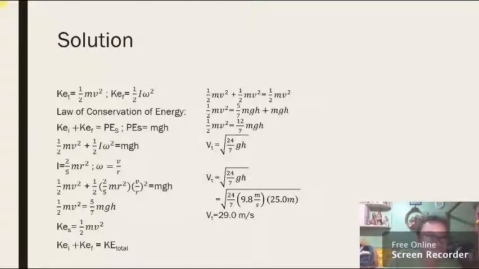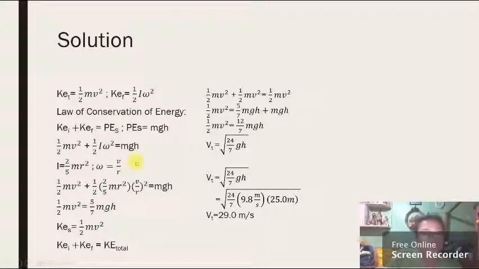Okay, for the spherical boulder, since it is a solid sphere, the moment of inertia is 2/5 m times r squared.